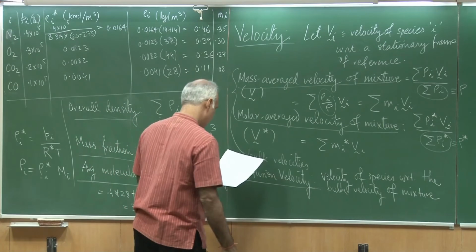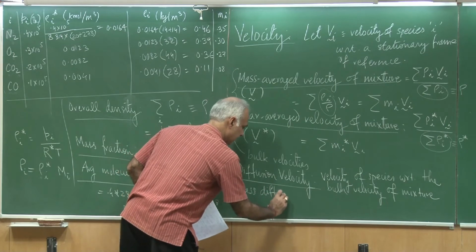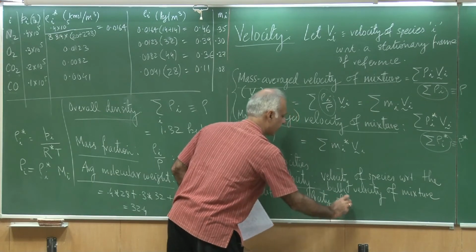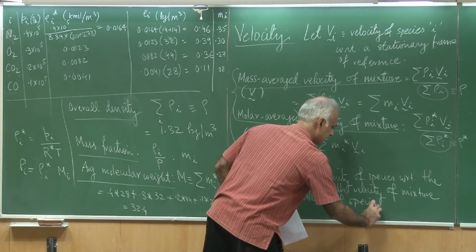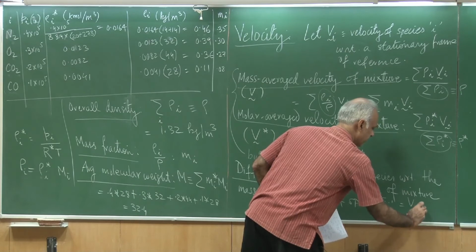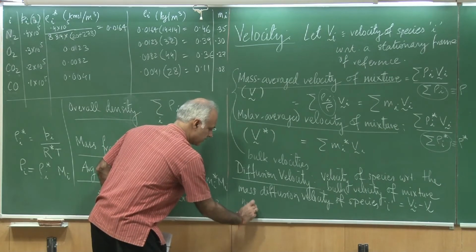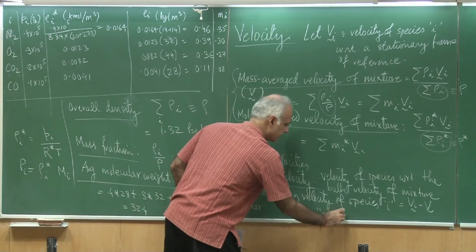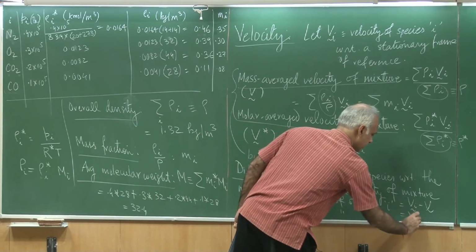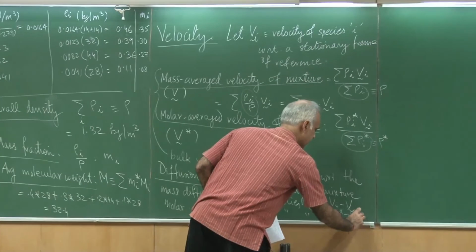So we can talk about the mass diffusion velocity of species I, and that would be given as Vi minus V, or I can talk about the molar diffusion velocity of the same species, and here I can talk about Vi star minus V star.